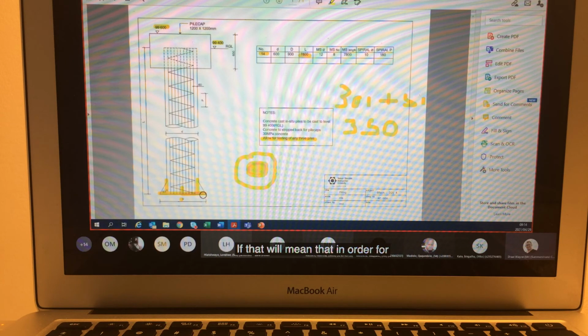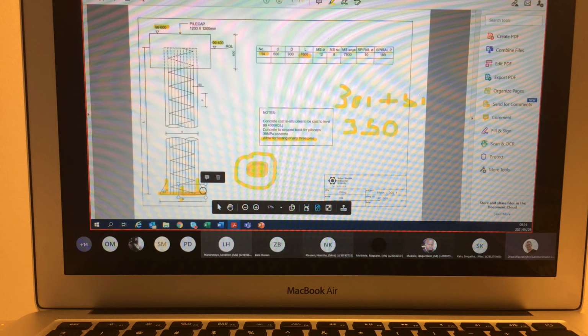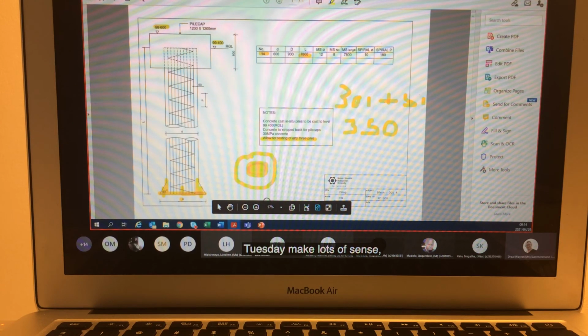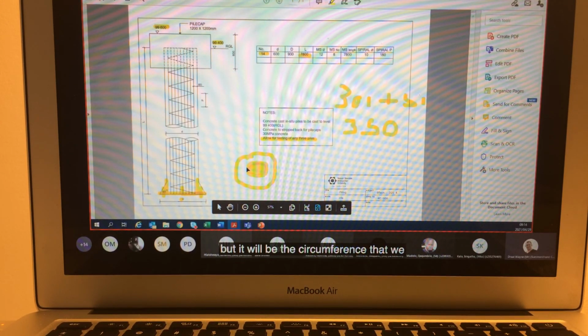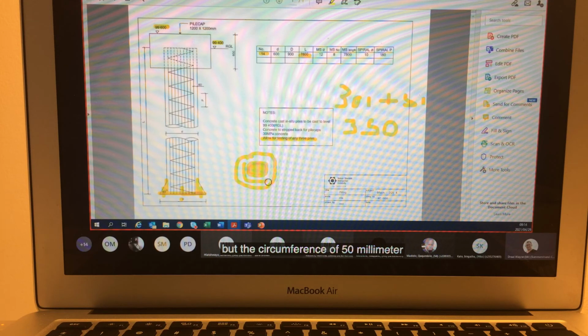And that will mean that in order for me to determine the circumference, it will be the circumference from there, all the way around there, to there. I know it might not make lots of sense, but it will be the circumference not of the outside, but the circumference of 50 millimeter into my rim section.